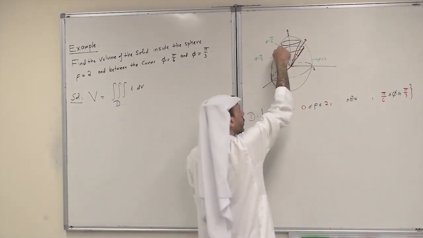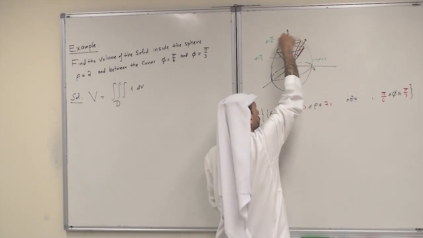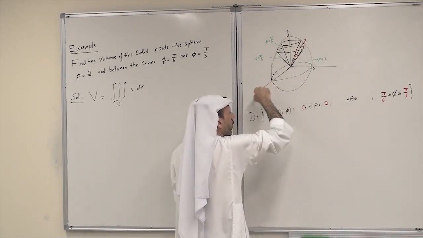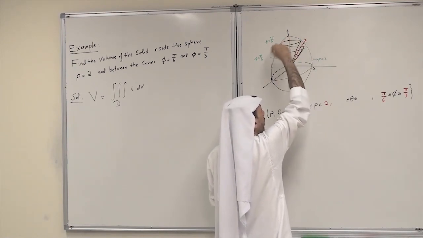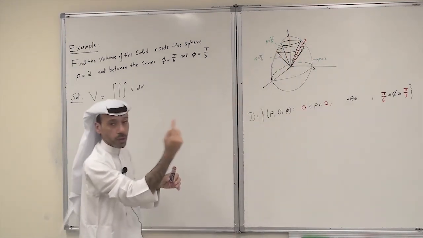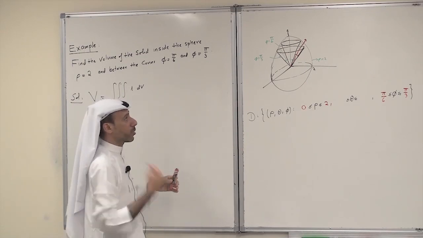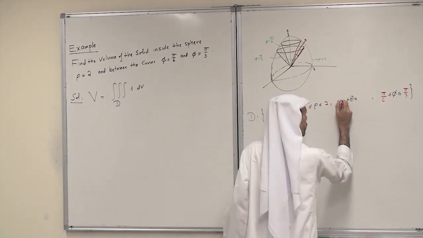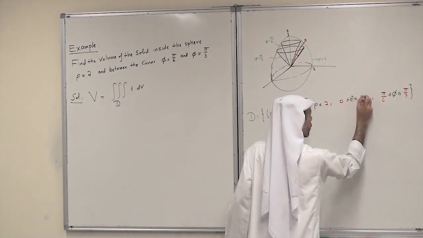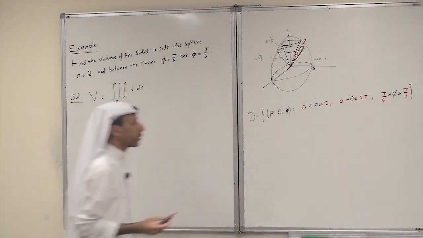If you take any point in the solid and rotate around the positive z-axis from the positive x-axis, you will cover all possible values of theta. So theta will be from 0 to 2 pi. So these are the limits.